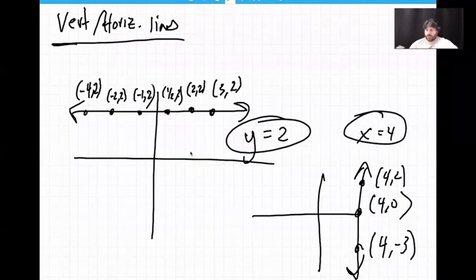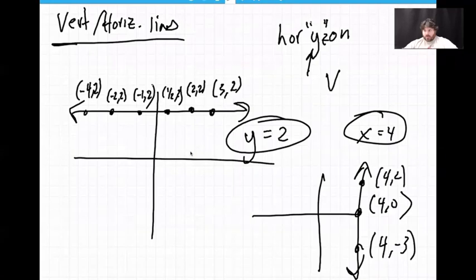That's the equation there. So here's how I remember it. When you're out on a boat and you look out on the ocean, you're looking at the horizon, right? Horizontal, horizon. Well, the horizon with y's in quotes. y equals a number is a horizontal line. The other thing is think about the lowest point of a parabola, called the vertex.